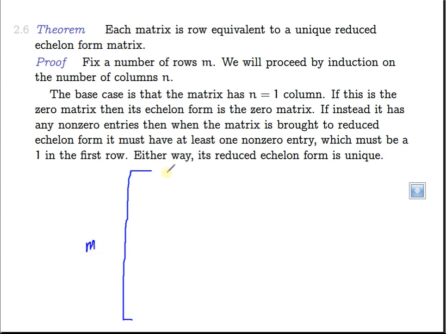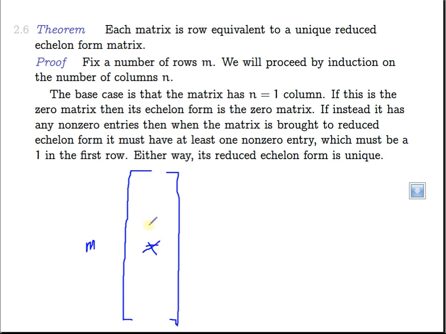So first let's consider a matrix with one column. Now if we have one column, what are the possible echelon forms? Well, if the original matrix is 0, then the echelon form is 0. But if I have a one column matrix where any entry is non-zero, suppose this entry is non-zero.